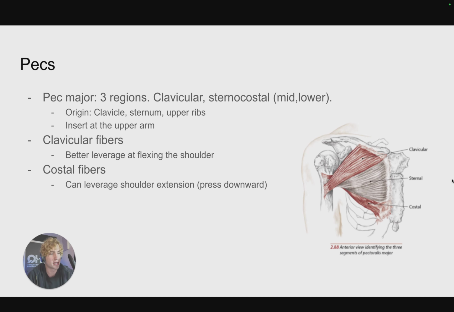Now we have the sternal pecs. As you can see here, the angle is very horizontal. It's more horizontal than the other ones. That means this is going to have best leverage at horizontal adduction, bringing the arm across the body. Now, all three regions are going to contribute to horizontal adduction. All three. I hear people say isolate the pecs. You cannot do that. You're not isolating shit.